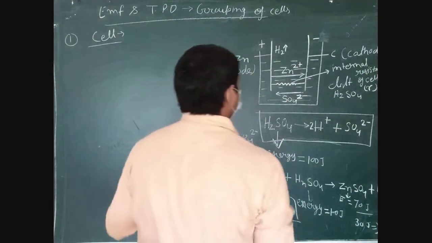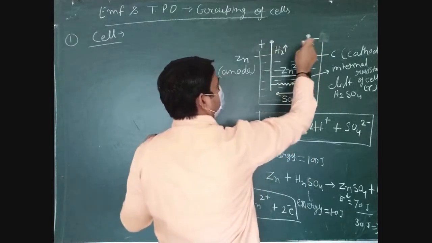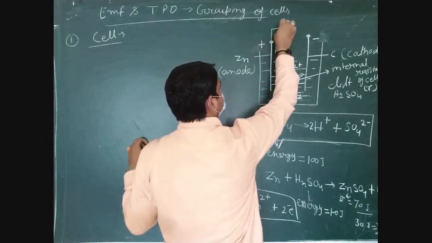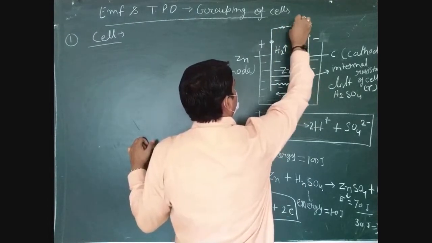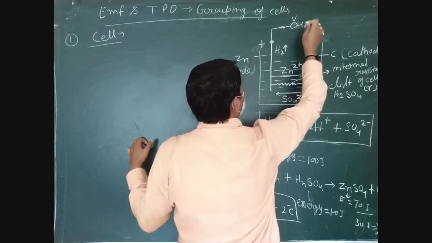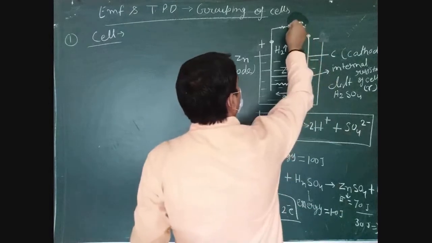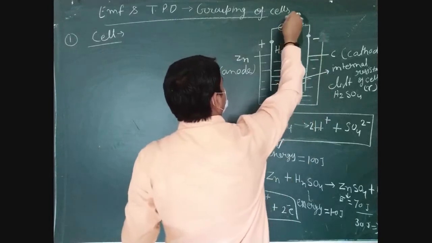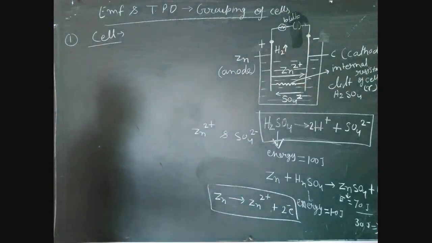Now here we have two situations. These are the two electrodes, one positive and another negative, and we join some circuit, here is a voltmeter, with the help of a key, and this is a bulb.